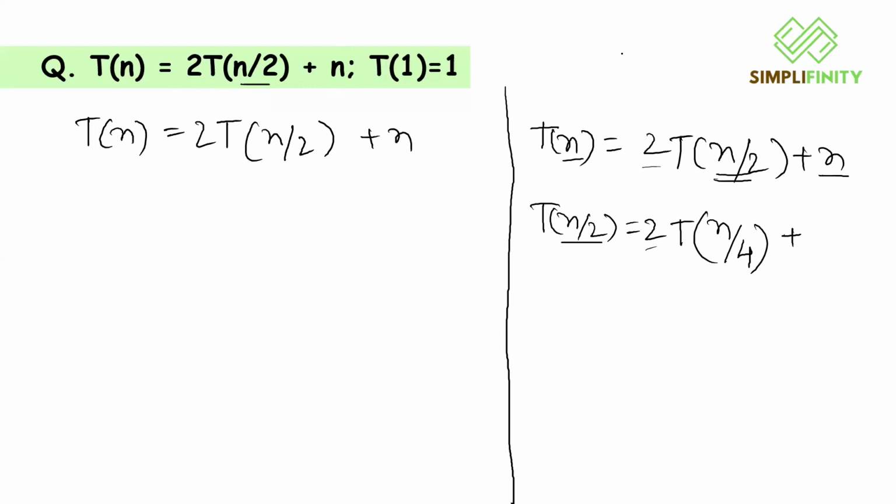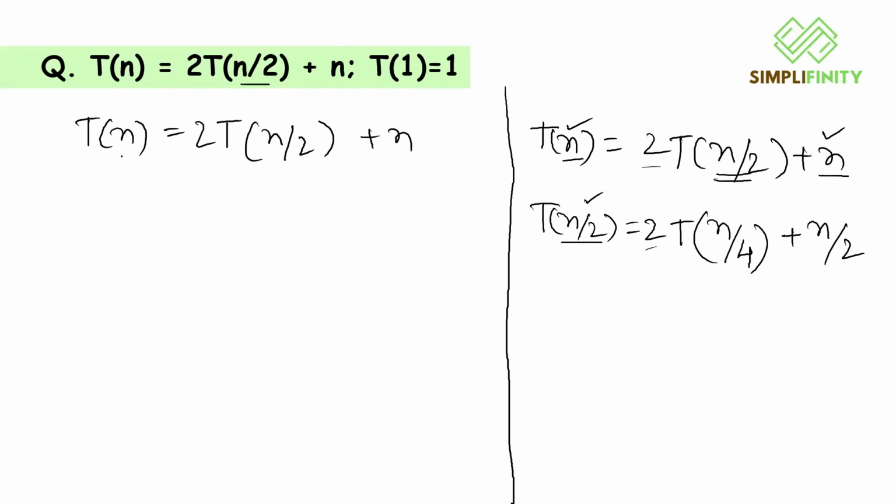In the previous video, we kept the C as it is because it's a constant. But here the n will change, because if it was T of n, then it remained as n. Now if it is T of n by 2, what will it be? Of course, n by 2.